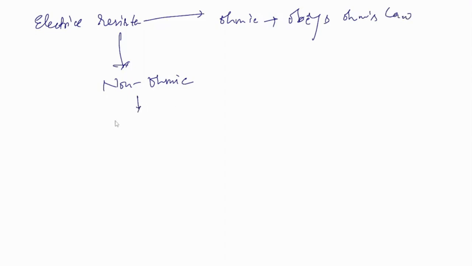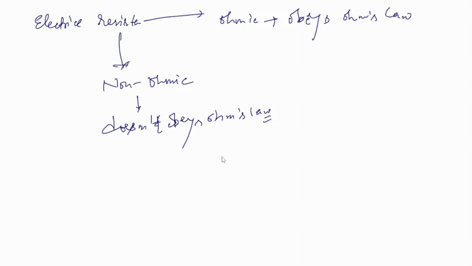Non-ohmic doesn't obey. Here, examples of this will be PN junction diode, transistor, current through gases. These don't obey Ohm's law.